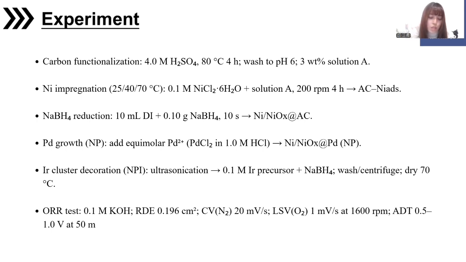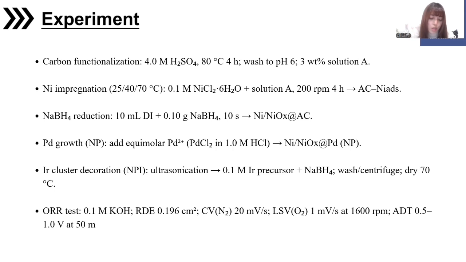After washing and drying at 70 degrees Celsius, the samples are named MPI-RT, MPI-40, and MPI-70, according to the nickel impregnation temperature. An iridium-free control prepared at 40 degrees is denoted as MP40.